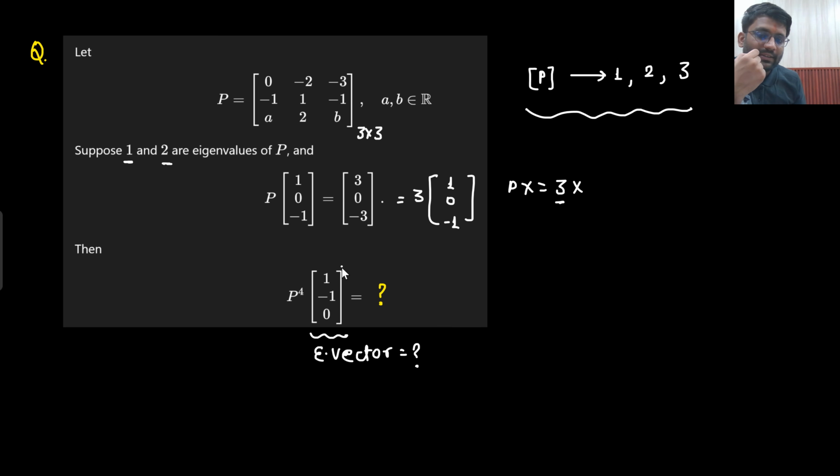So if P has this as one of its eigenvectors, that means P to the power 4 will also have 1, -1, 0 as one of its eigenvectors. And if we know the eigenvalues of P, do we know the eigenvalues of P to the power 4? Absolutely, sir. The eigenvalues are 1, 2 to the power 4 which is 16, and 3 to the power 4 which is 81. We just need to find out which eigenvalue this eigenvector corresponds to.